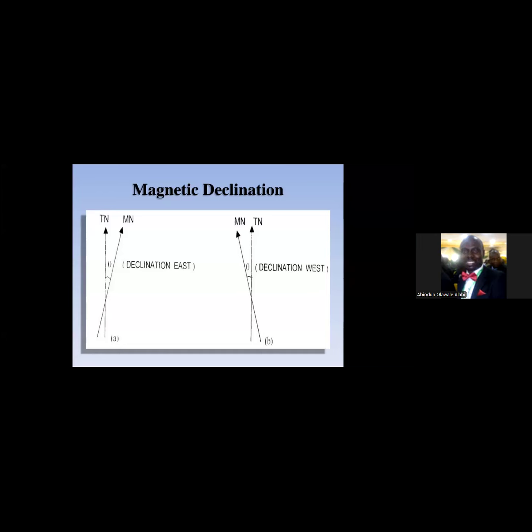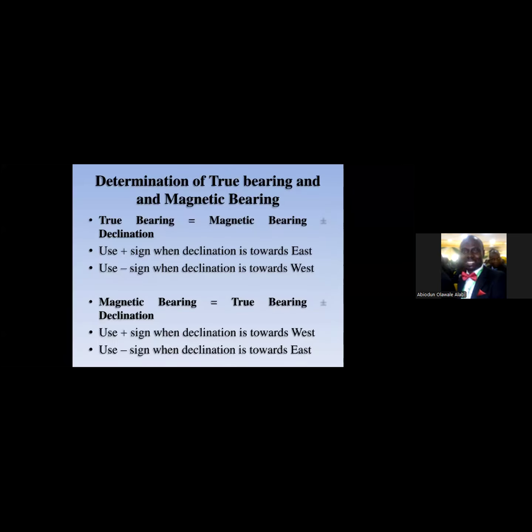Don't forget, what is declination? The angle between the magnetic north and the true north. So look at this: true bearing equals magnetic bearing plus or minus declination. Use plus sign when declination is towards east and negative sign when the declination is towards west. Vice versa, magnetic bearing equals true bearing plus or minus declination.